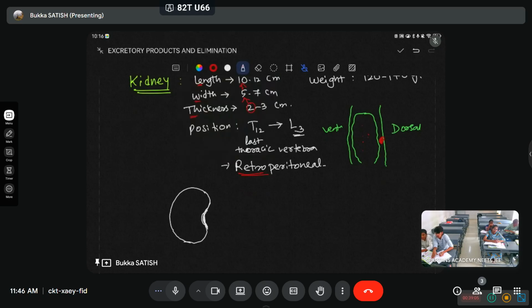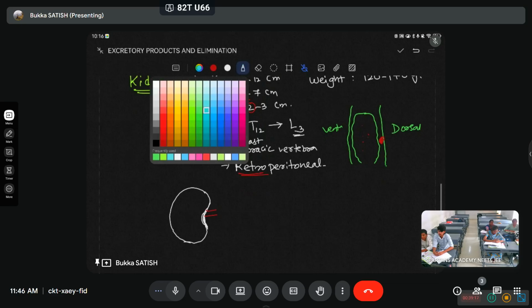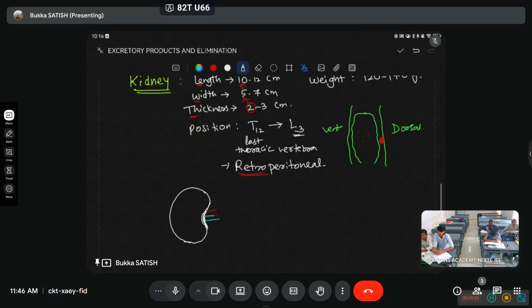Kidneys have connections with blood vessels, nerves, and the lymph system. Anything connected to the kidney, be it an artery or a vein, enters and leaves through this concave part only. This concave part is what we call the hilum. Hilum is the part at which the kidney is connected to everything, whether artery, vein, or nerve. So it is that concave part.